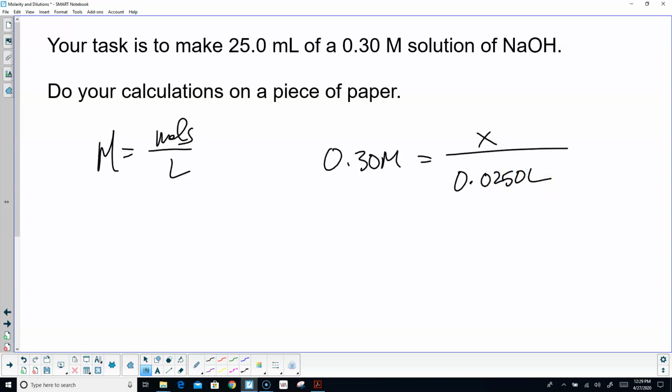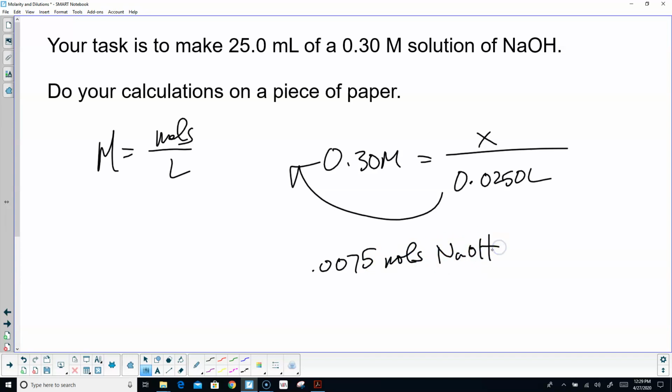To solve this, I'm going to cross multiply, and it ends up being 0.0075 moles of NaOH.